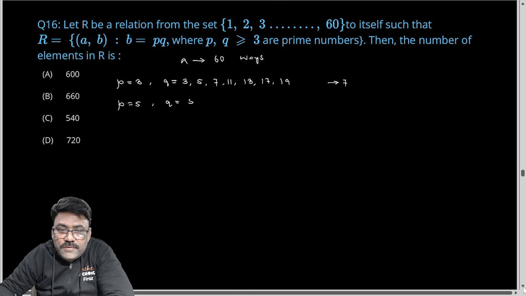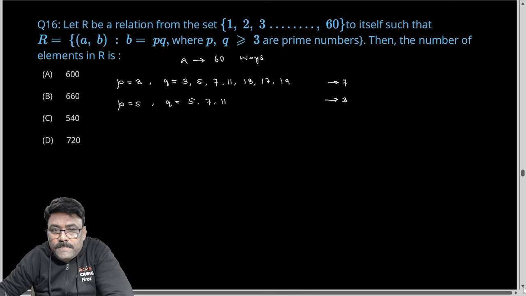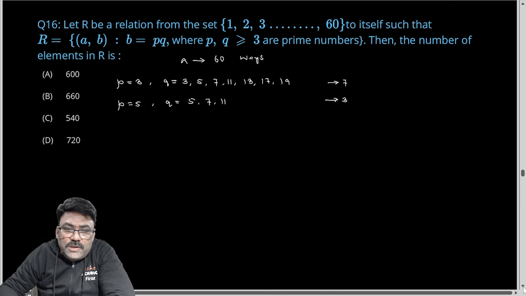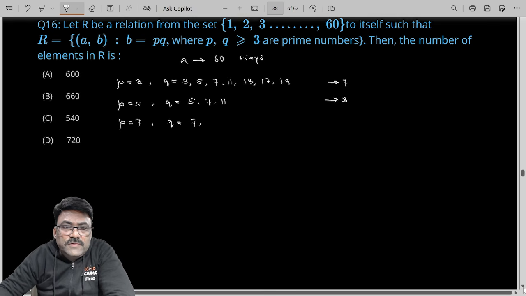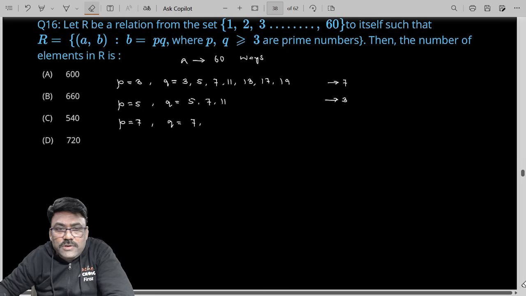So it will be 5, 7, 11. Only 3 values. If I take P as 7, then Q will be 7, only one value. Next, if I take 11, it will become 77, so only one value here.